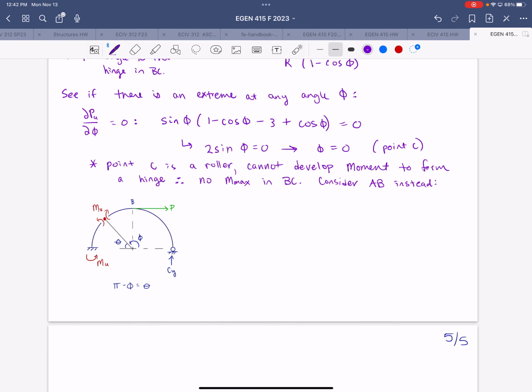So if we sum moments about the hinge and consider the right side, then we'd have negative Mu plus Cy times the total moment arm to the hinge, which now is this whole distance. That's going to be R plus R cosine theta, if we define theta as 180 minus phi.